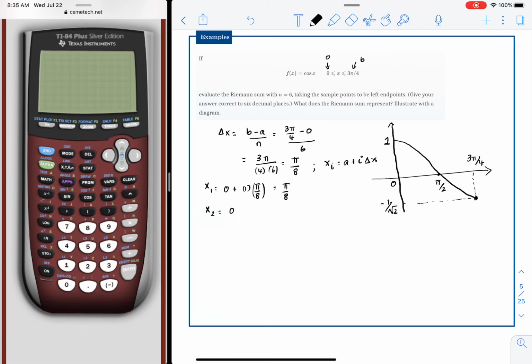x2 is 0 plus 2 times pi over 8, which would give us pi over 4. x3 is 0, the starting point, plus 3 times pi over 8.